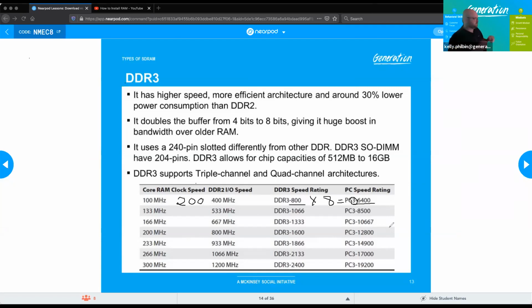Now, when you get to generation 3, they also will support memory banks of triple channel and quad channel. So based on what we've been talking about, what do you think that means? Oh, it can support like 3 or 4 at a time instead of a pair.